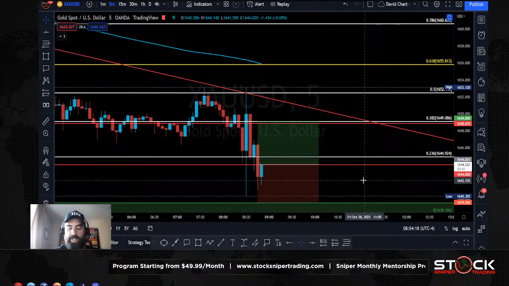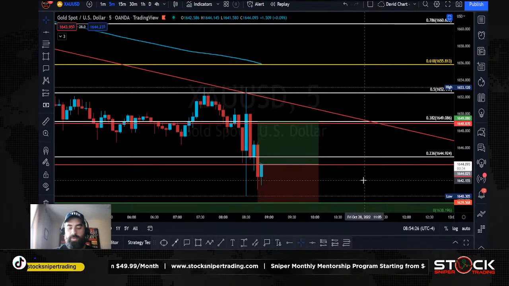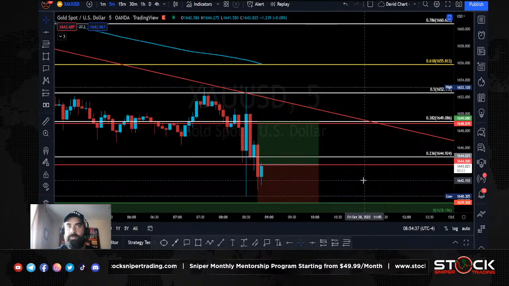Okay, so here we're right at that level, guys. Let's see if we're going to get that push. Dow's still holding here on that 9 and 200 EMA structure.